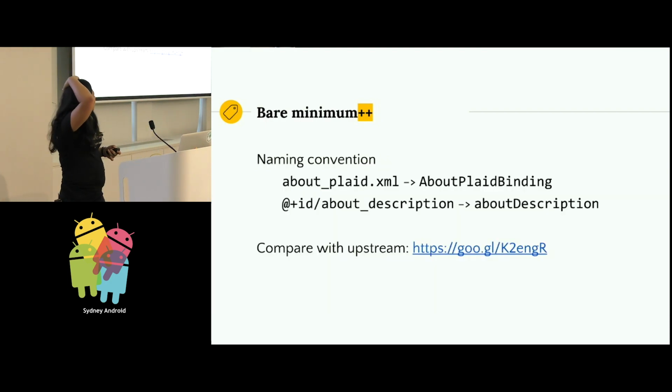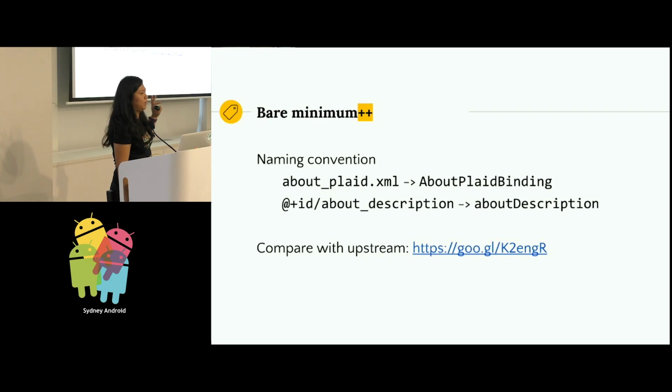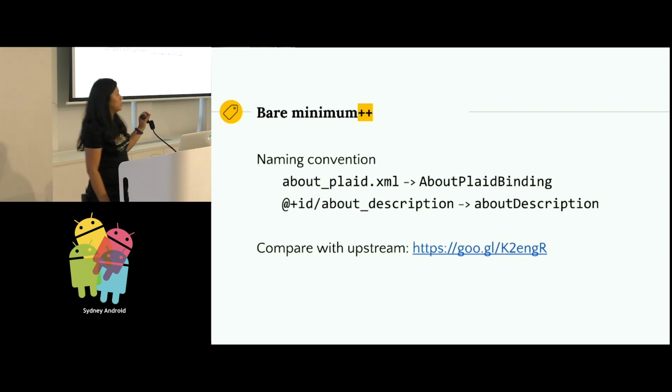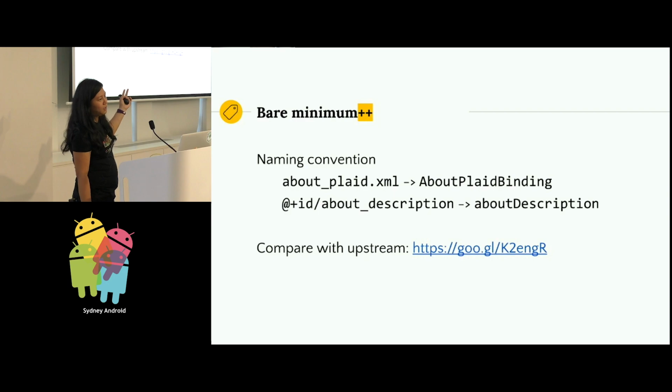All right, so some naming conventions we have to remember: if you have an XML file that you converted to data binding, the generated Java binding file will be called the name of your XML file, in camel case, smooshed together with the word Binding attached to the end.